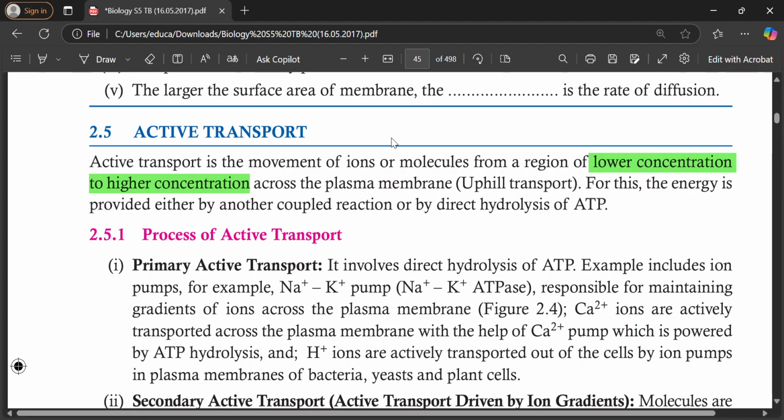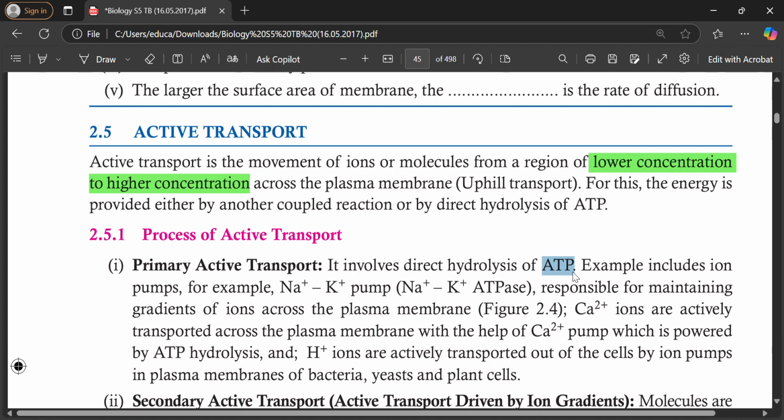Rero icyo gihe uburyo bwo kubona energy hashobora kuba hari ama reaction yagiye abaho, cyangwa se hagasabwaho ko habaho hydrolysis of ATP. ATP murabizi yuko ni energy molecule. So primary active transport involves direct hydrolysis of ATP. Vango habaho direct hydrolysis of ATP, icyo gihe tuvuga ko turi muri primary active transport.